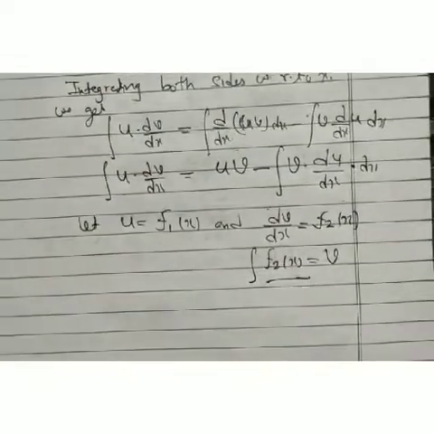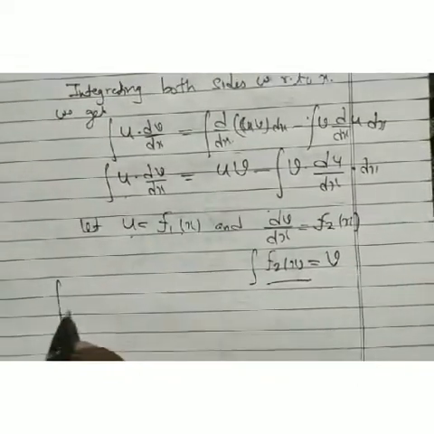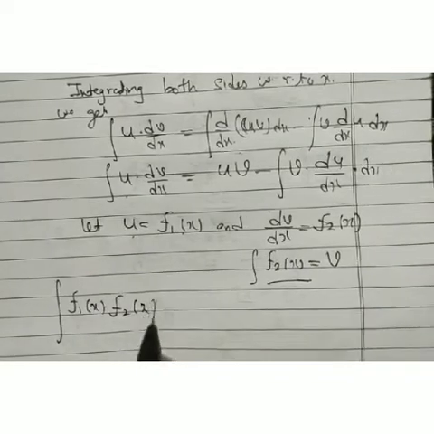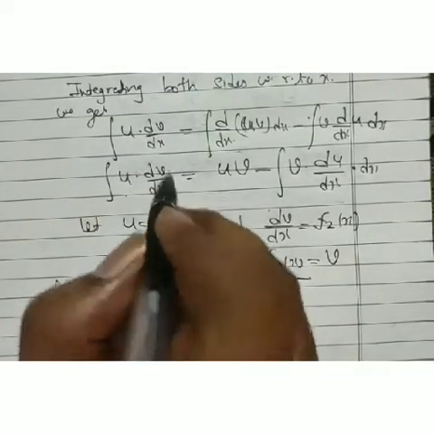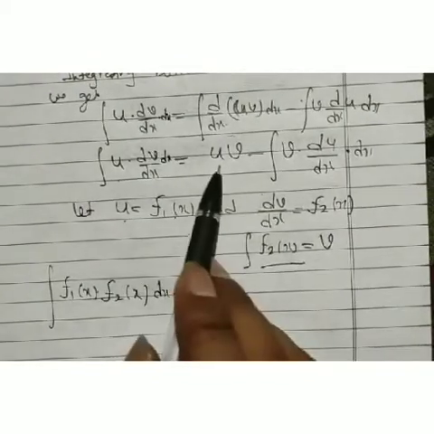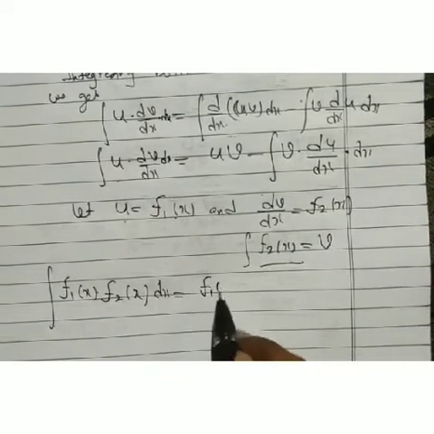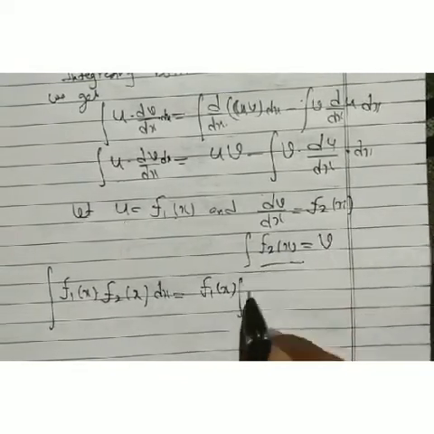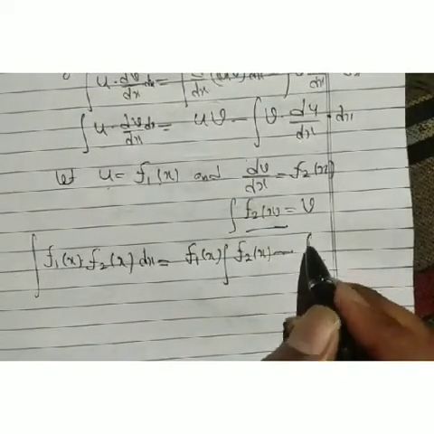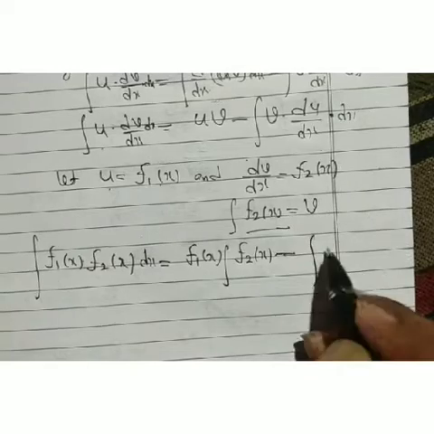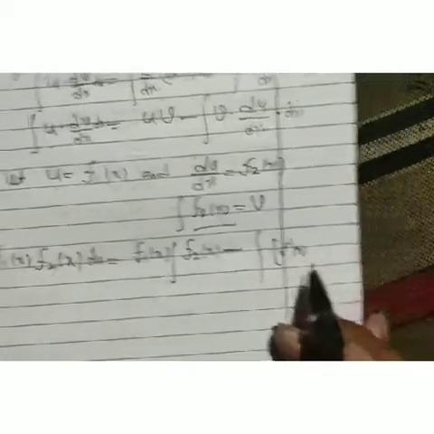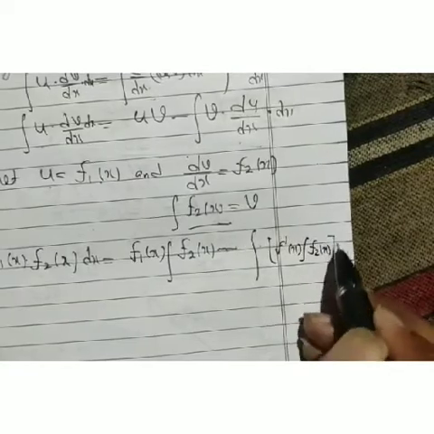Now the form of this formula is transformed: we take u equal to f1(x) and dv/dx as our function f2(x). So the integral of f1(x) f2(x) dx is equal to f1(x) times the integration of f2(x), minus the integration of the derivative of u, which is f1'(x), times the integration of f2(x) dx.